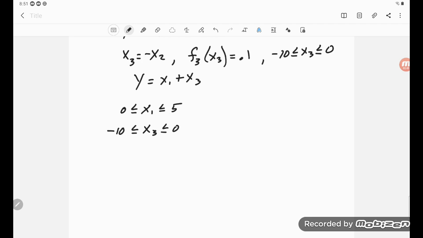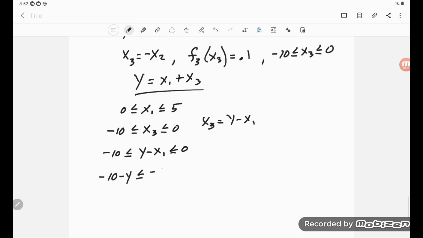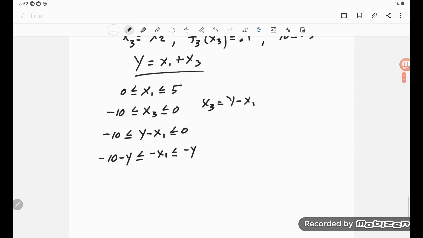Now, again, let's solve for x3. x3 equals y minus x1. Then I can substitute that into this second inequality, and get negative 10 less than or equal to y minus x1 less than or equal to 0. Again, subtract the y from everything, so I get negative 10 minus y less than or equal to negative x1 less than or equal to negative y.